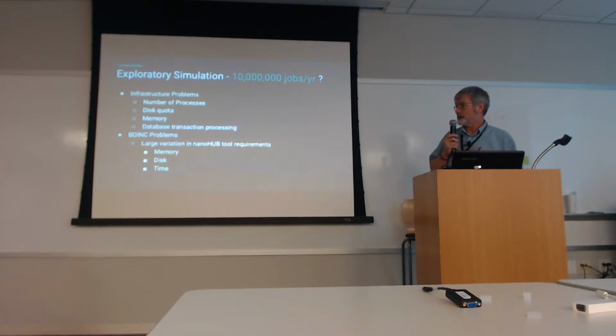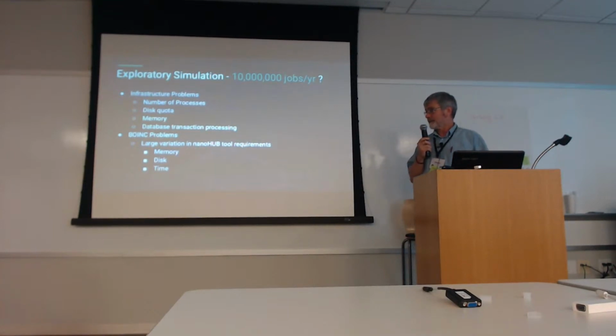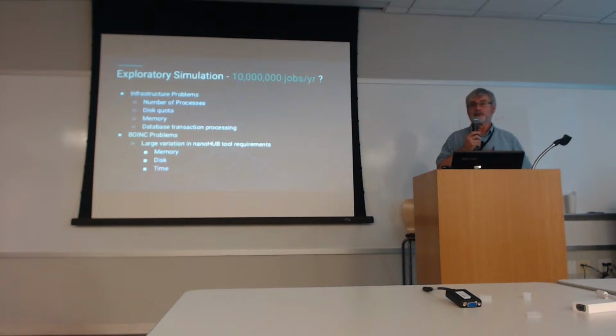On the BOINC side of things, as I mentioned earlier, we have this large variation in the tool requirements. Each tool has a different requirement, and for the same tool, depending on the input, there may also be a large variation in requirements, typically in terms of time. Some inputs may take a minute, a different set of inputs might take an hour.